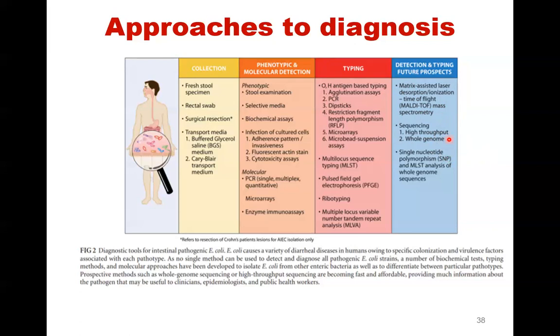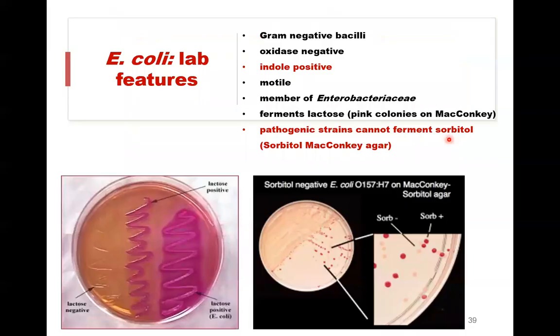So this is telling you there's no one size fits all when it comes to making a diagnosis. However, from all the E. coli that we have discussed, remember I told you about the E. coli associated with hemolytic uremic syndrome. You want to be sure what you're dealing with in this particular case because it can cause acute renal failure in children.